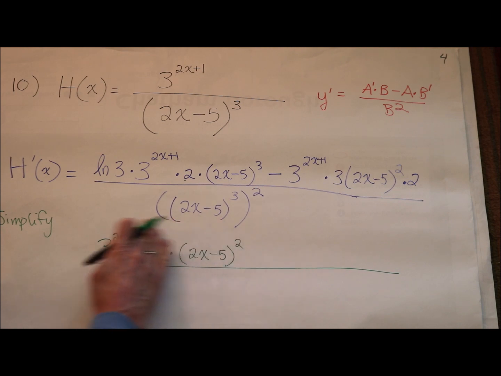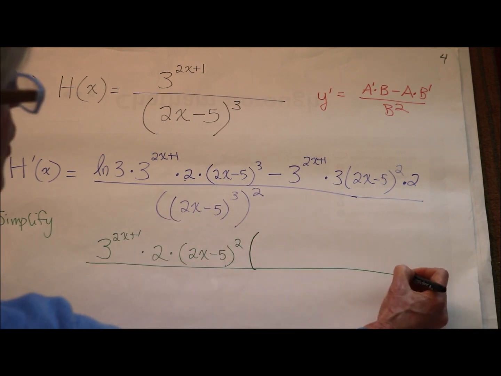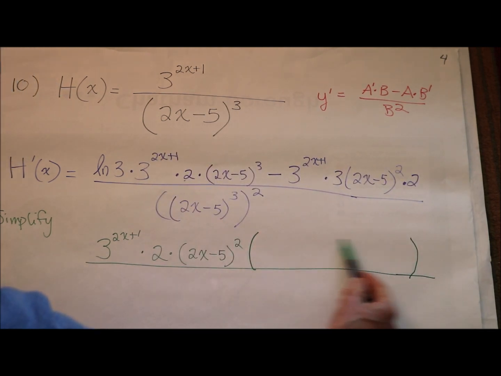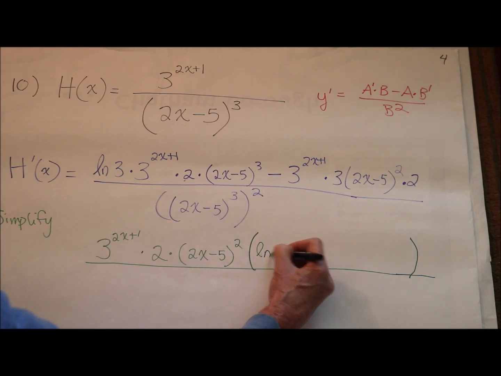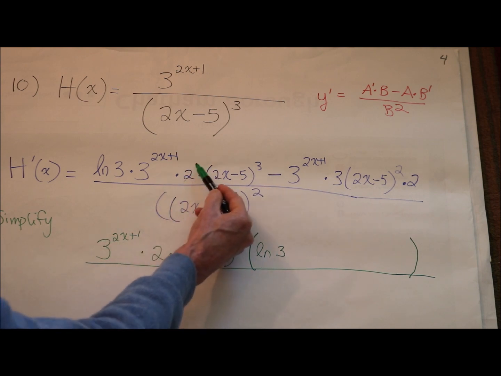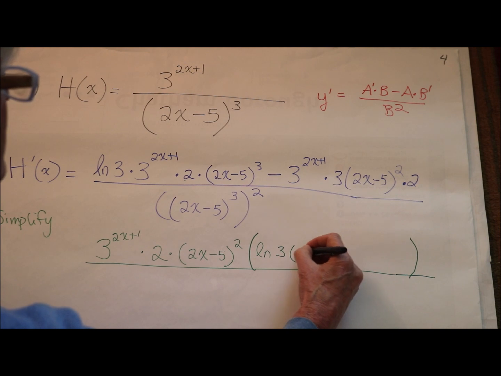This is my GCF. I'm factoring this out, dividing this out of both terms in the numerator. Now, leftovers go in here. Natural log of 3 is left behind in the first term. 2 of those were taken out, so I have 1 of those left.